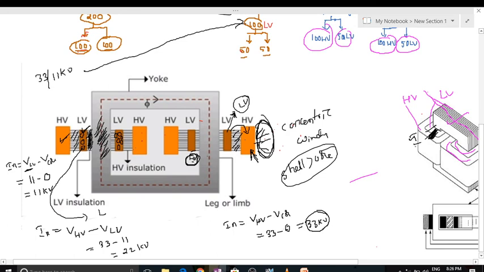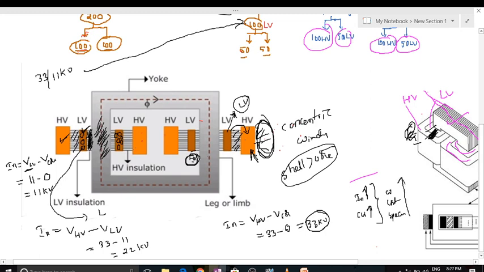After that we place the other winding, and its circumference and diameter also increase. So due to placing the HV winding nearer to the core, insulation increases and copper, the winding, increases. Due to these two, the weight, cost and space of the transformer increase.